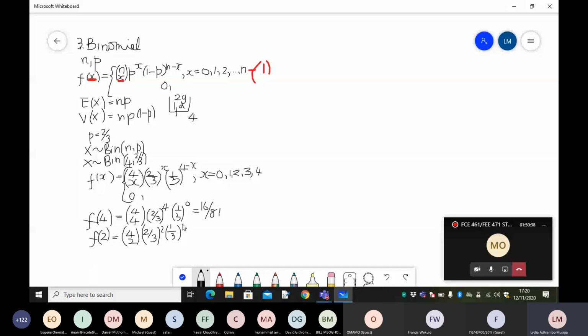And this will give us 8/27. So this is how we handle a question which involves binomial distribution. I will send an exercise on the same to your class reps after this.